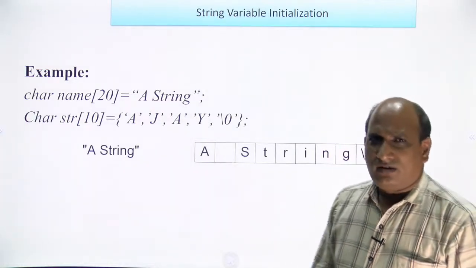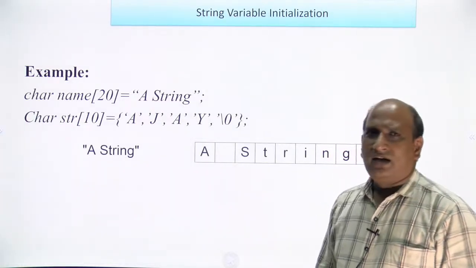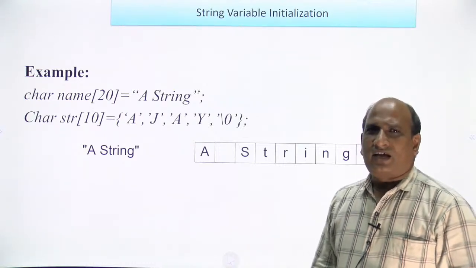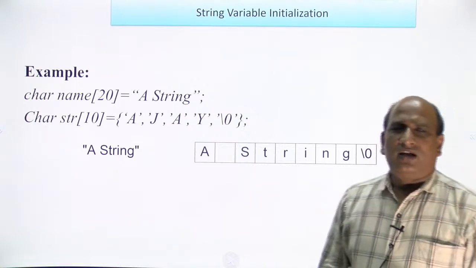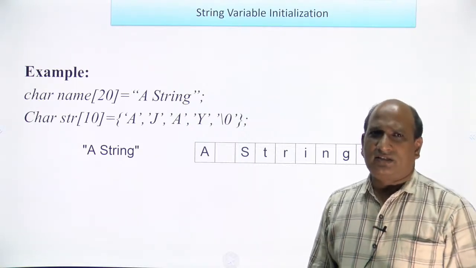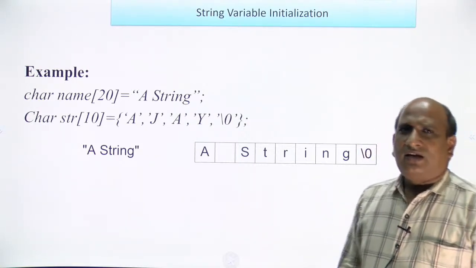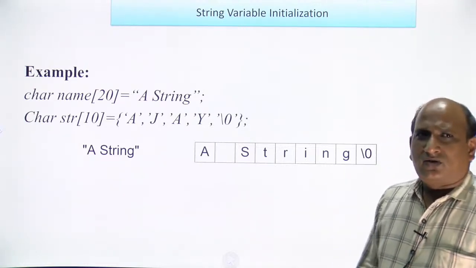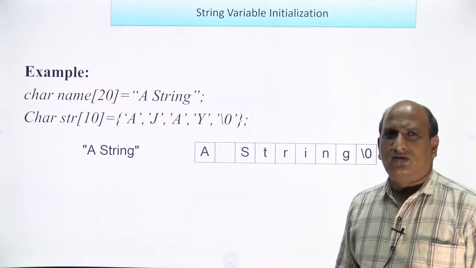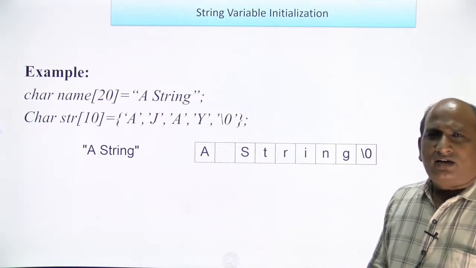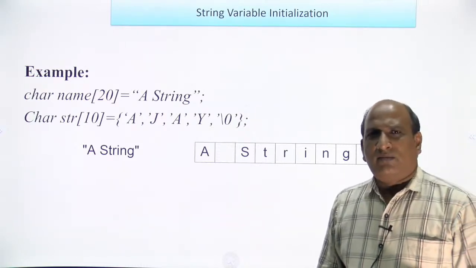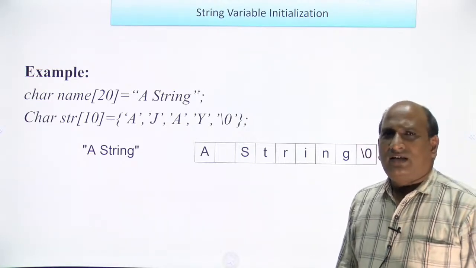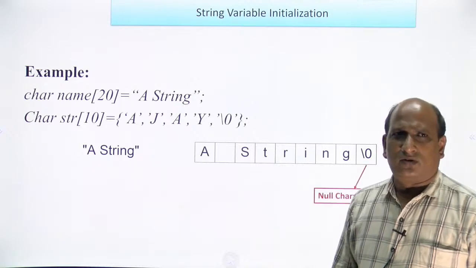And one more thing to take care of: this null character is not part of the size of the string. If I have stored a string in the character array, the first character will be stored at index position 0, at index position 1 a space will be stored, space is also a character, and this way at the last the null character will be stored.